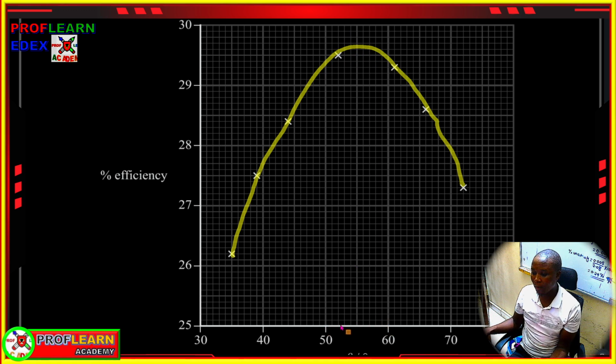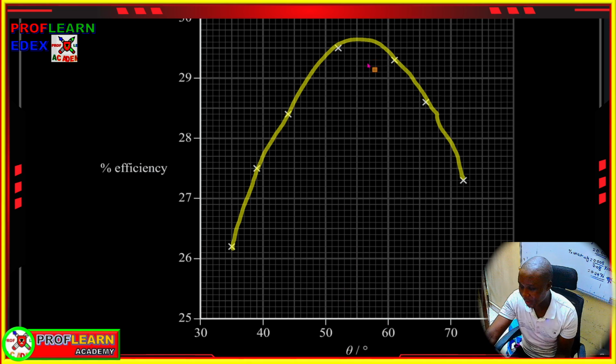So the student could have reached these values around 50 and 60, because that's where the maximum lies, and used very small increments so that we can measure the current and the voltage, and then use them to calculate the power and efficiency, to get an accurate result.